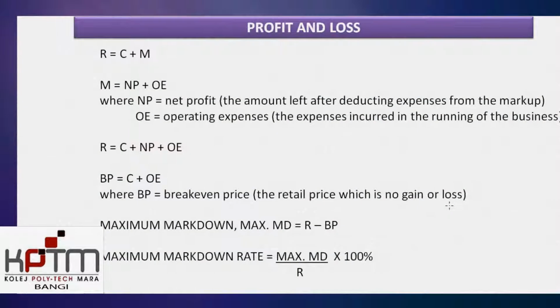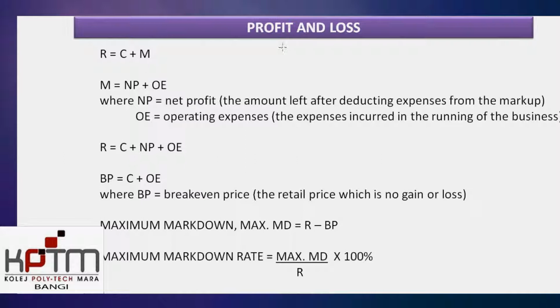The next subtopic for markup and markdown is profit and loss. From the previous subtopic, we know that the formula is R equal to C plus M, where R is retail price, C is cost price, and M is markup.